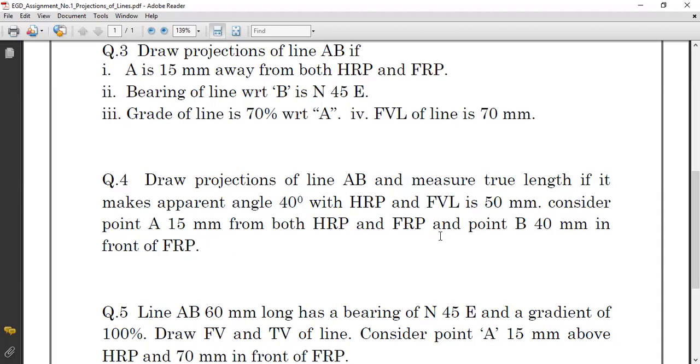Consider point A. Point B is 40 mm in front of the FRP. Why is it necessary? Not necessary, no? Alpha is given, if FVL is given. Instead of the third parameter, point B 40 mm in front of FRP is given.